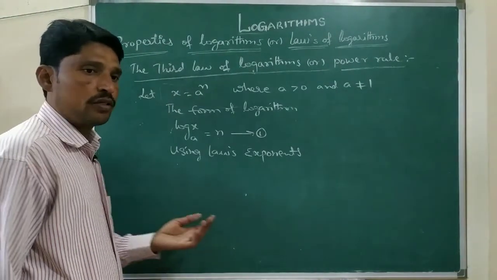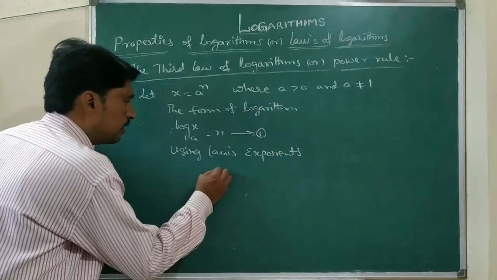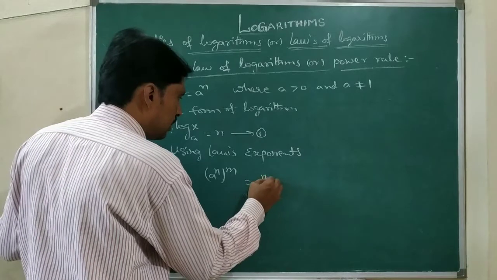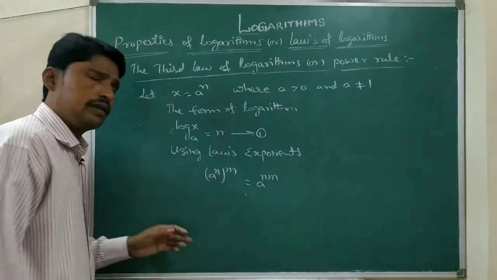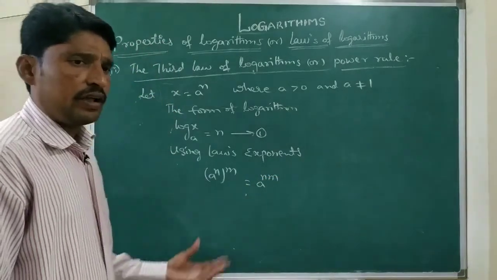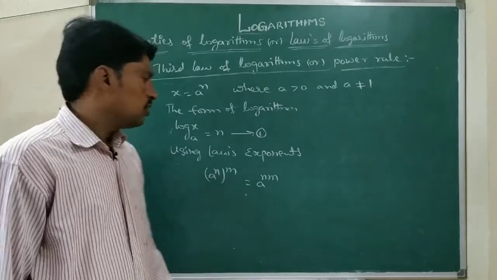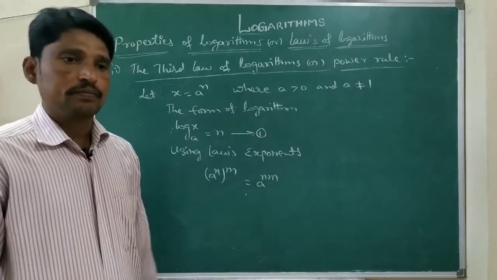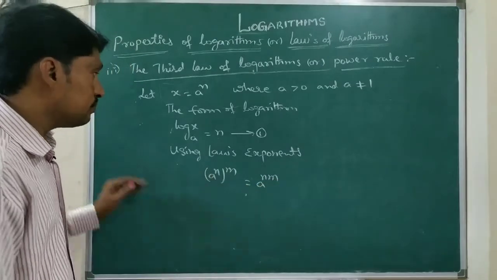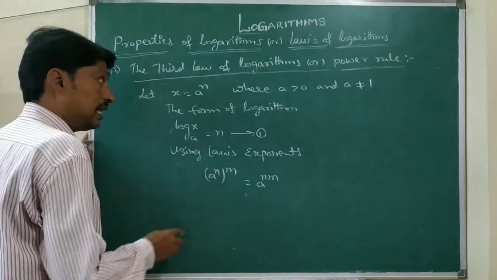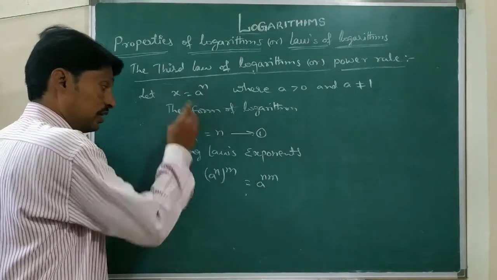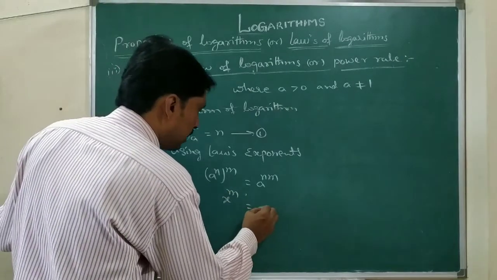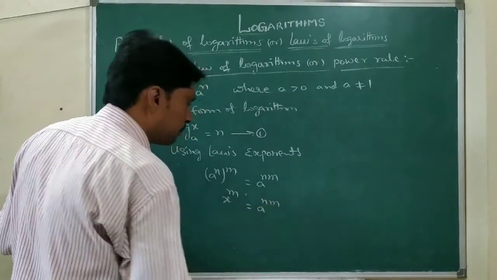A power n whole power m equals a power nm, or mn, anyway we have to take. So a power n whole power m equals a power nm. A power n means what we took here? x. So x power m equals a power n into m.